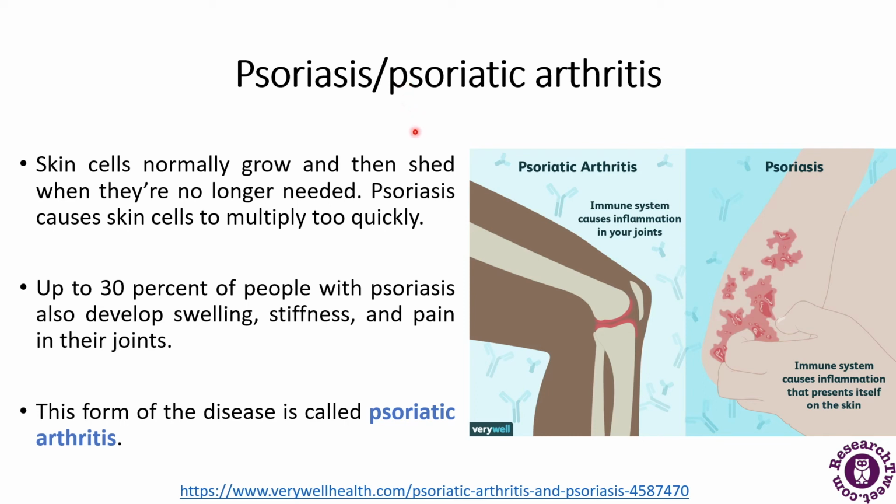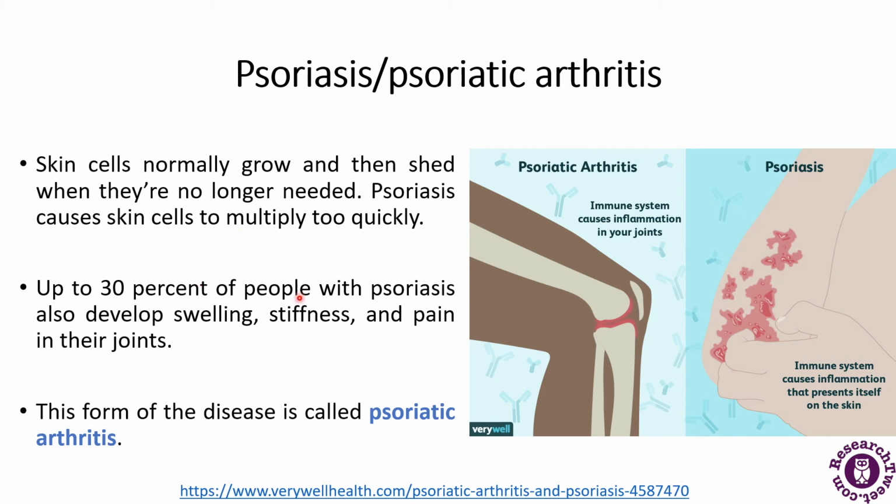This is psoriasis, a process in which cells grow and then shed when they are no longer needed. This particular condition causes skin to multiply too quickly. The extra cells build up and form inflamed red patches, commonly with silvery white scales of plaque on the skin.